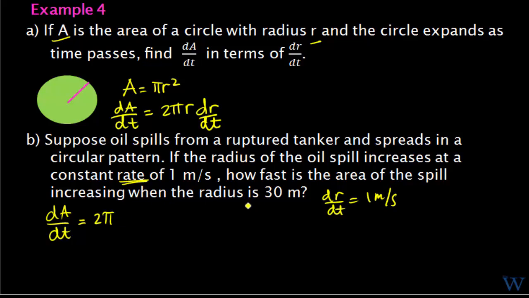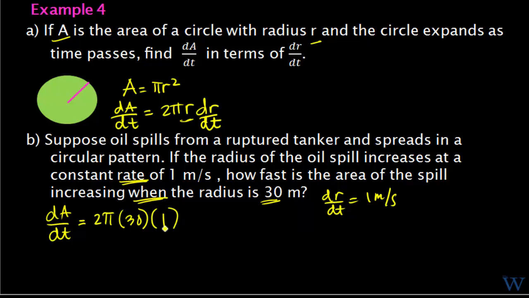Then it asks how fast the area is increasing when the radius is 30 meters. That's the instantaneous rate, so we substitute r with 30, and then times 1.